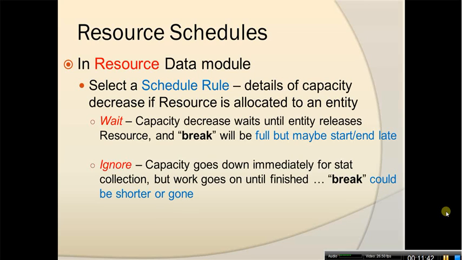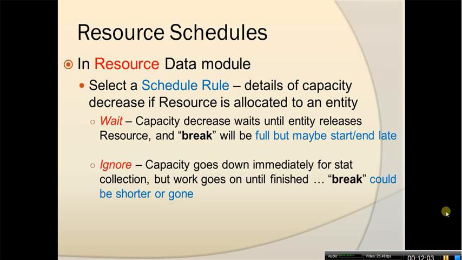So it's ignoring the break, right, and so it misses out part of the break. So it starts, right, the capacity decrease starts right away, but the processing continues. And so that takes off some of the break time, and so the break is reduced.